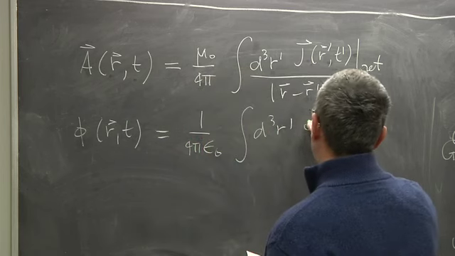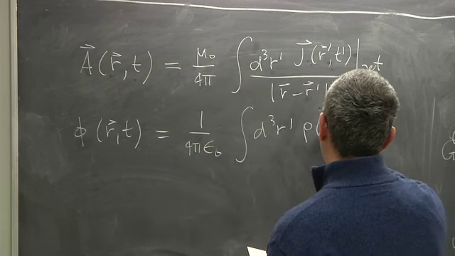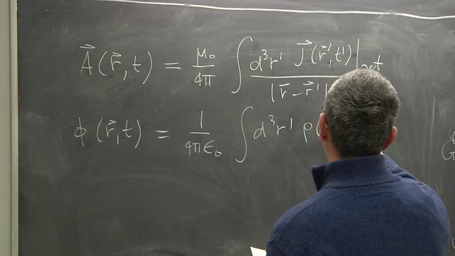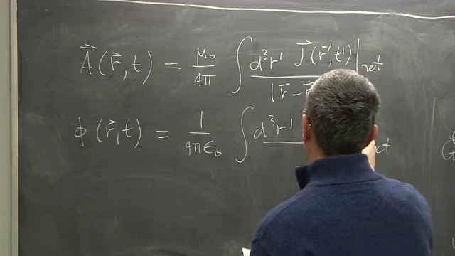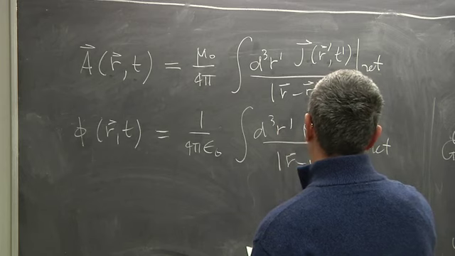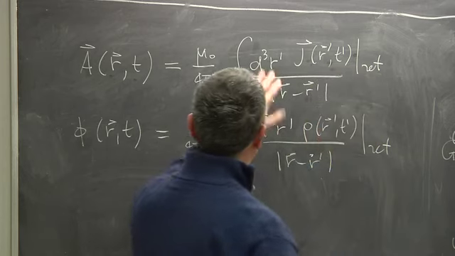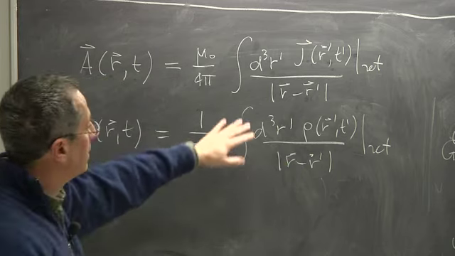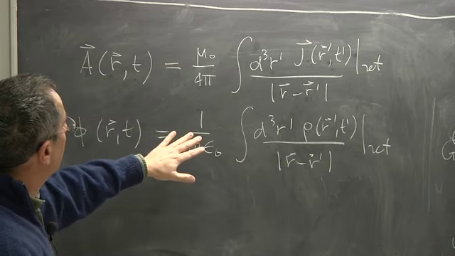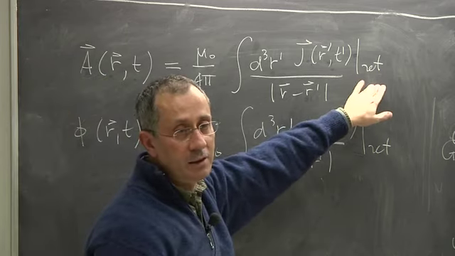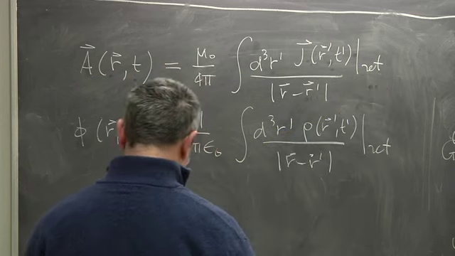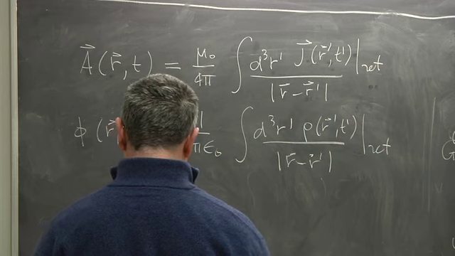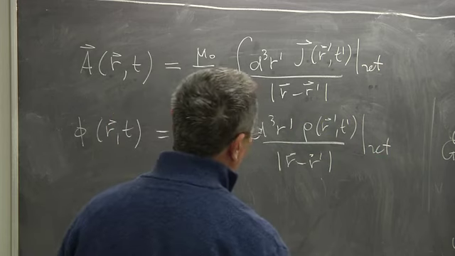Only now you have the charge density rho at R prime, T prime, again retarded, divided by R minus R prime. If you go back, this is exactly the same solution of the static problem, and the only difference is the retardation.